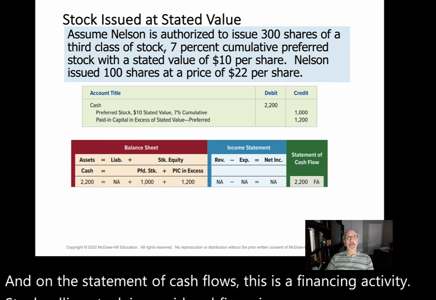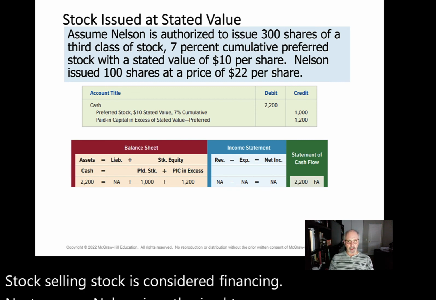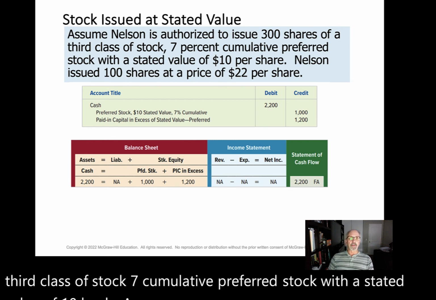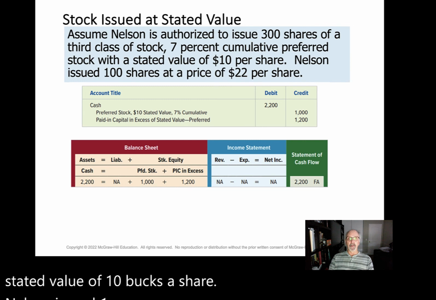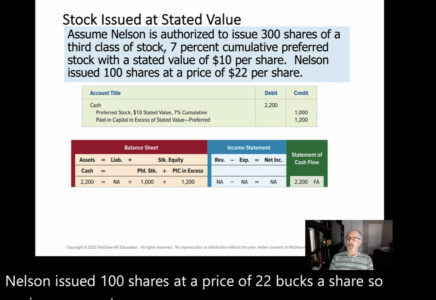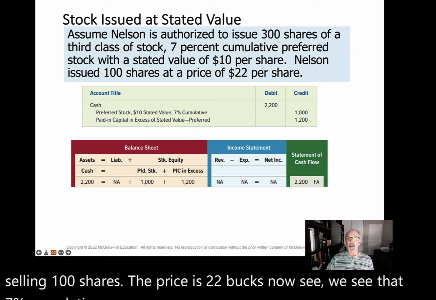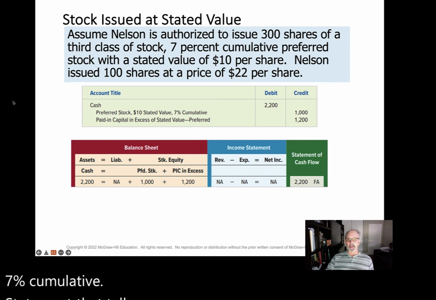Next, assume Nelson is authorized to issue 300 shares of a third class of stock, 7% cumulative preferred stock with a stated value of $10 a share. Nelson issued 100 shares at a price of $22 a share. So again, we're authorized to sell 300, but we're selling 100 shares. The price is $22. Now, we see that 7% cumulative statement. That tells us preferred stock is what we're dealing with.